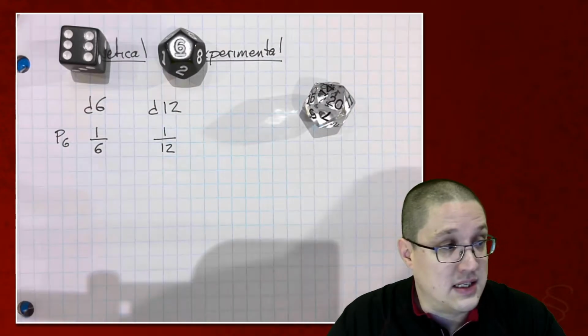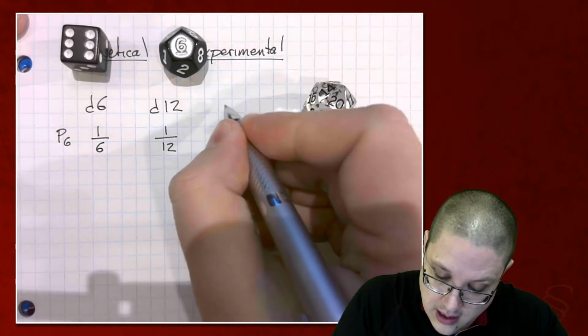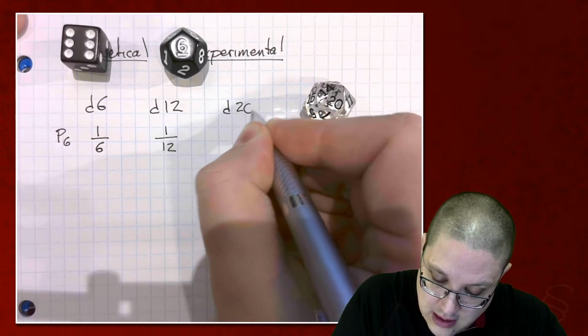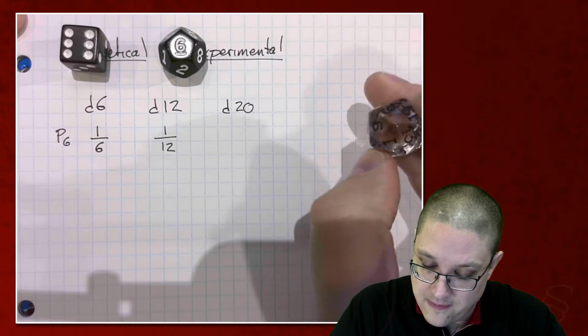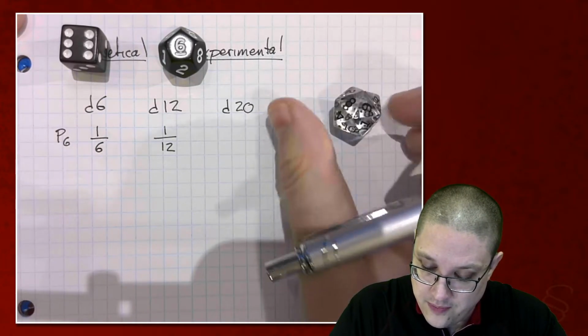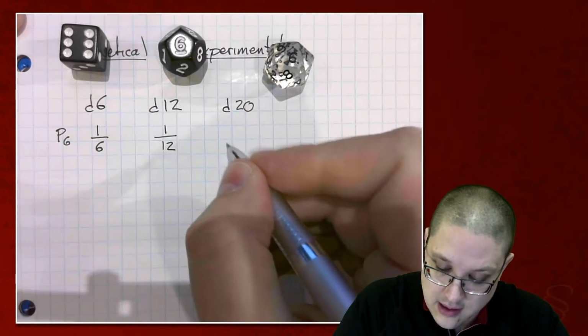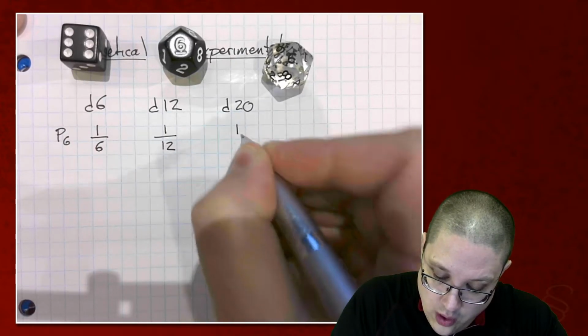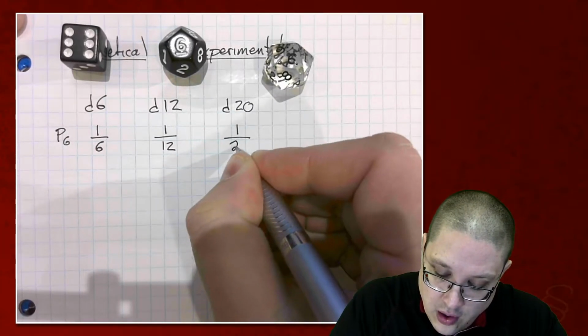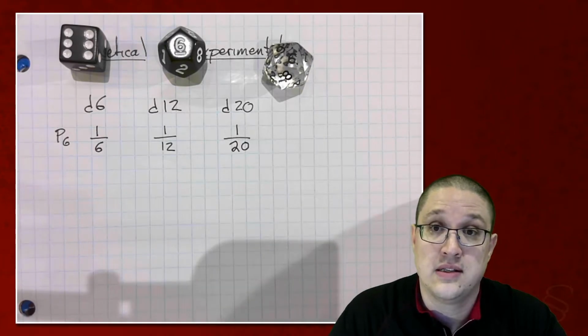Now this is a D20, or a die that has 20 separate sides on it. What is the chance of rolling a 6 on that die? One side has a 6 on it, but there are 20 separate sides.